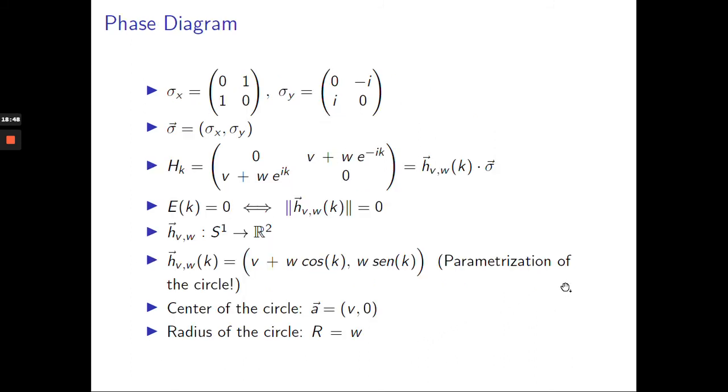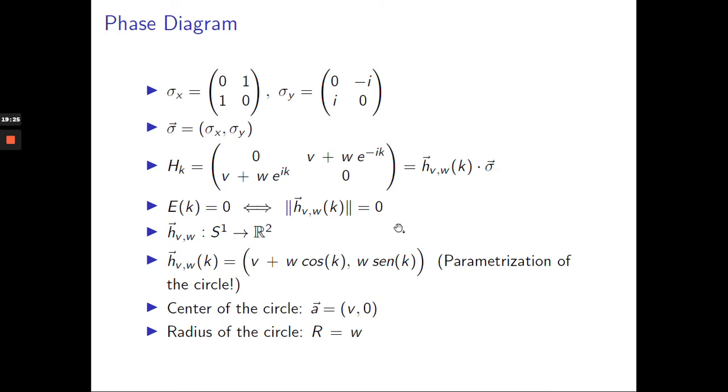To see that, remember that we have these two Pauli matrices, sigma x and sigma y, which we can organize in this vector of matrices. And again, we have our H_k matrix, which can be expressed as an inner product of this vector, which we know explicitly, and this vector of matrices.